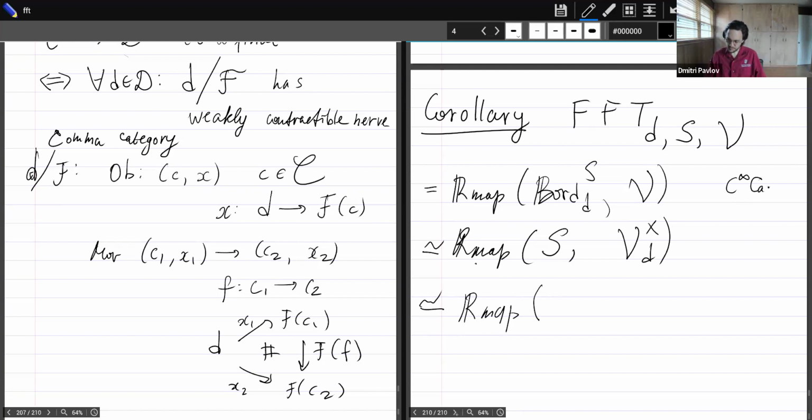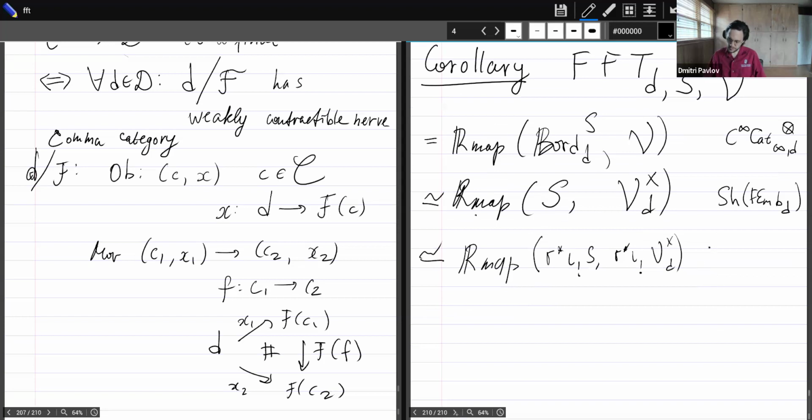Yeah, we are losing participants fast, so let me finish very quickly. There's 1 minute left, maybe. Smooth symmetric monoidal infinity-d categories. This is sheaves on FEM-d, unenriched. Now, according to this computation, I can write down R star iota shriek S, R star iota shriek V cross D. And this will be sheaves on Cartesian spaces with values in simplicial sets with the action of Od.